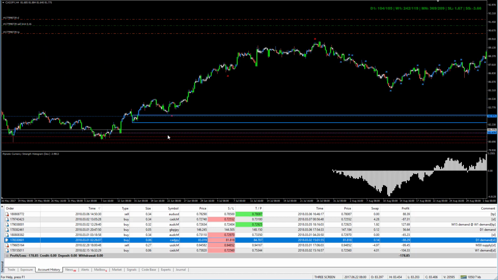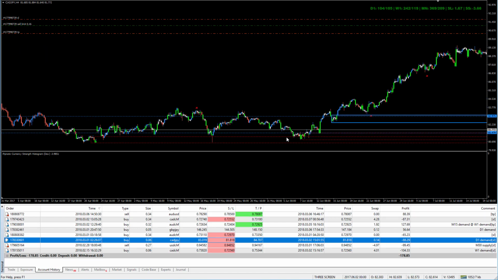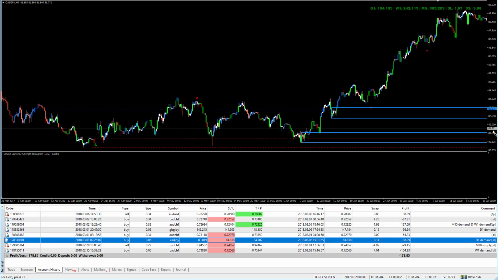It's a bunch of areas nested, so it went to this one here, from here to here. This is a daily area. So it went back to this area, where we had this area of demand.